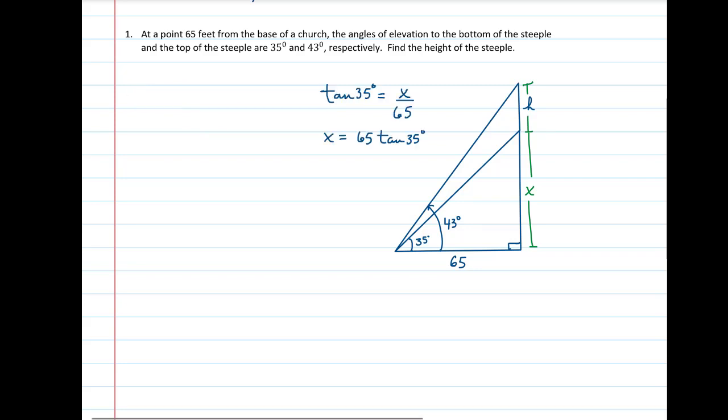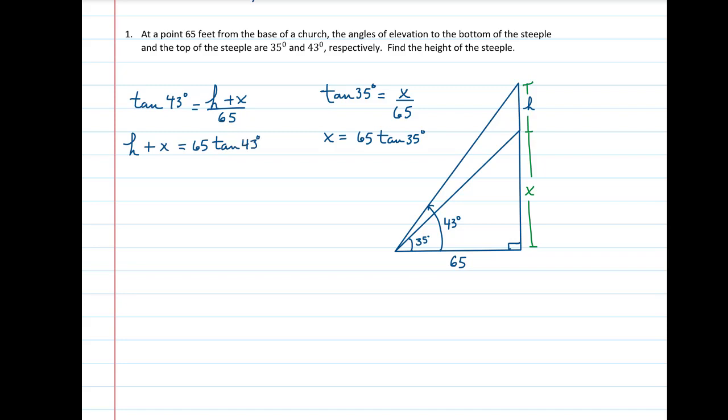Okay, so now we can set up the other equation here. We have the tangent of 43 degrees is equal to, same idea, h plus x all over 65. Now we can cross multiply and we're going to end up with h plus x equal to 65 tangent of 43 degrees.